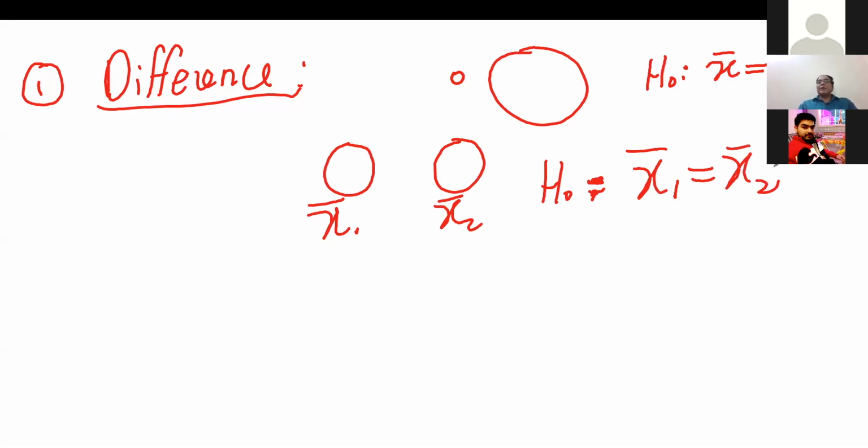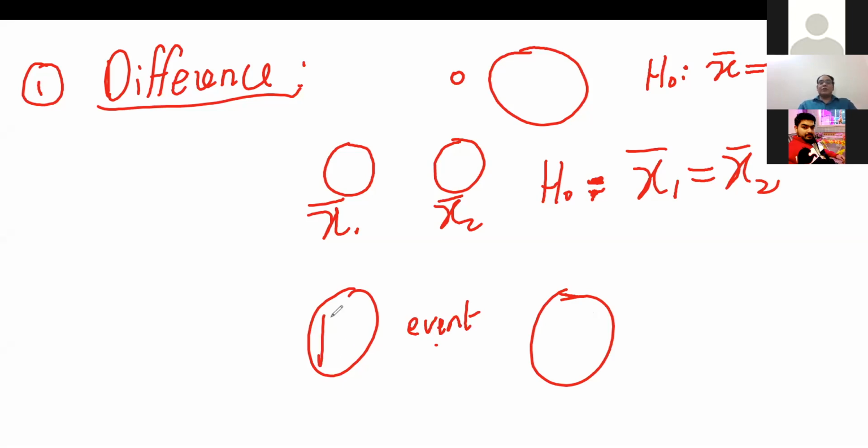right? Sometimes I will calculate the pre and post. You calculated the data before advertisement and after advertisement, before training, after training. So this is called pre-sample and this is called post-sample. This is called repeated sample. And then my null hypothesis that the mean of post is equal to the mean of pre.